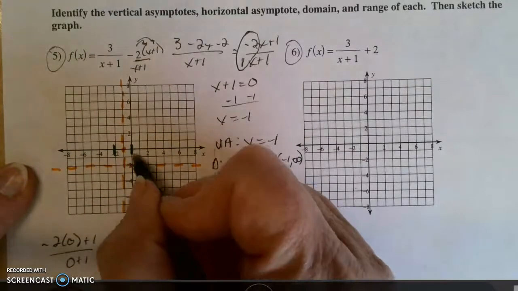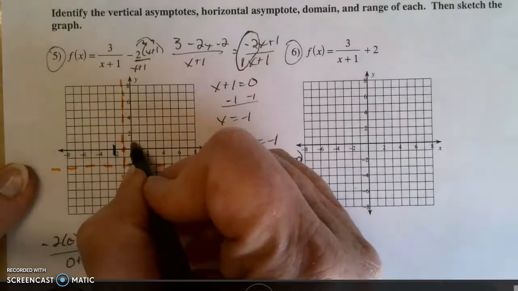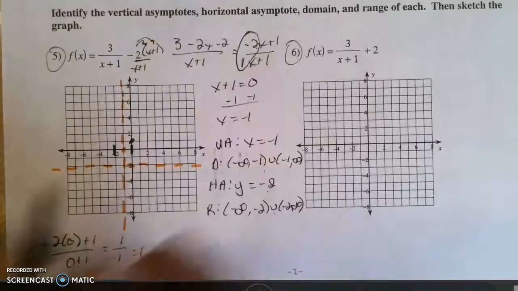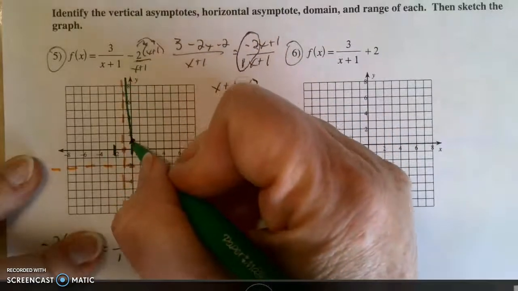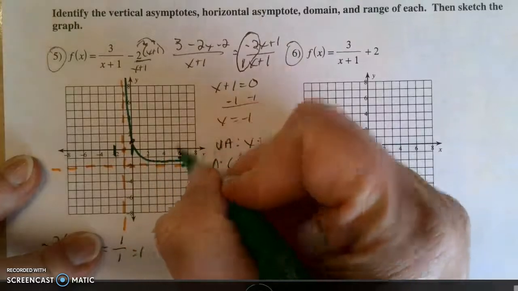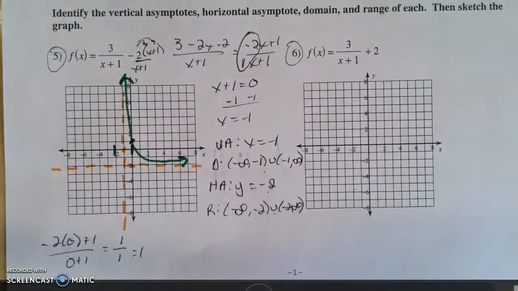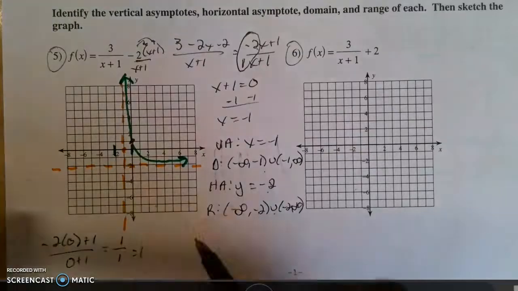So at 0, I'm going to go up to 1. And we approach our asymptotes. Remember, we don't cross yet.